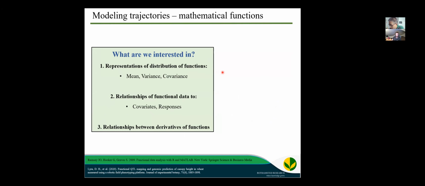we're trying to model these trajectories using mathematical functions. That's our main goal, so we can pick up the variation using the functions themselves. And when we look at the distribution of these functions, we are mostly interested in the mean, variance, and covariance. Keep this in mind. Of course, the relationships of functional data to the covariates. Let's say I have environmental covariates.